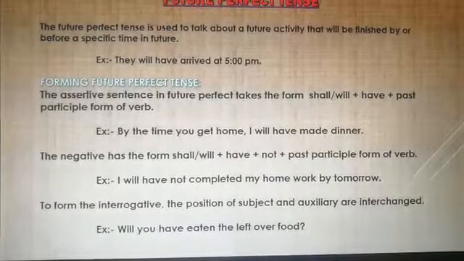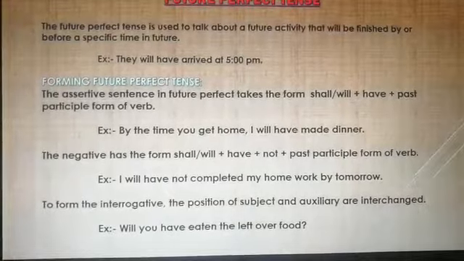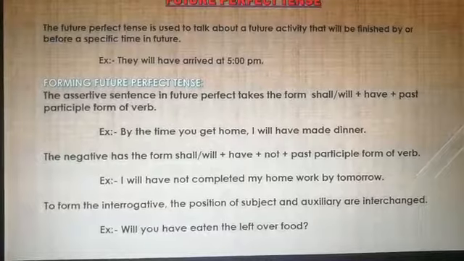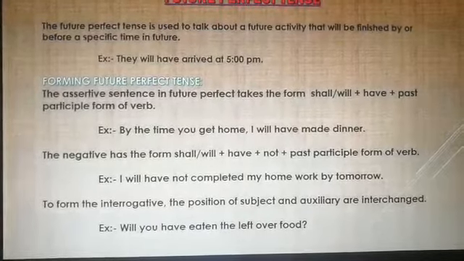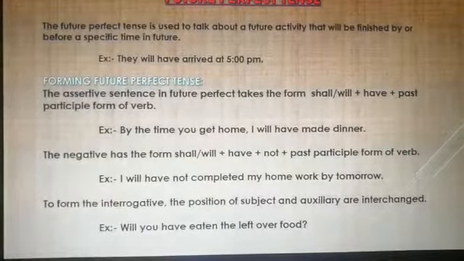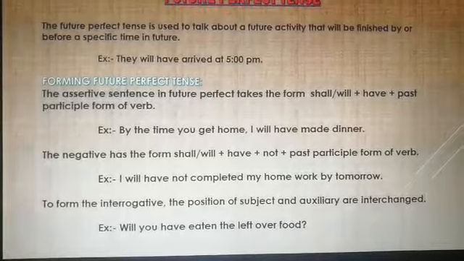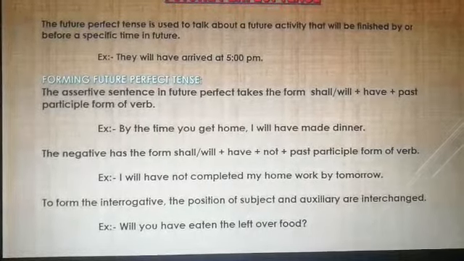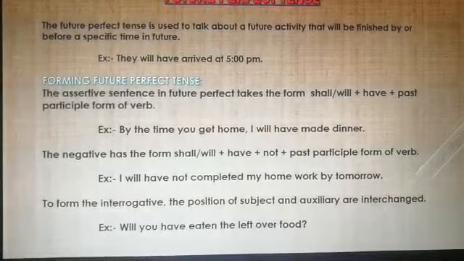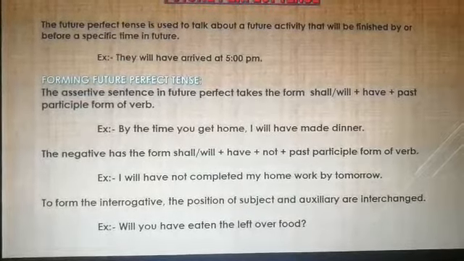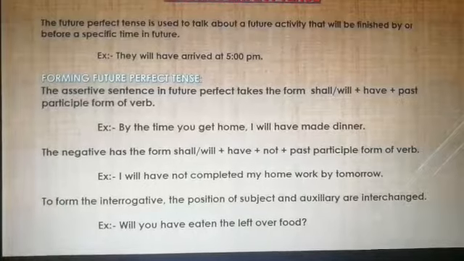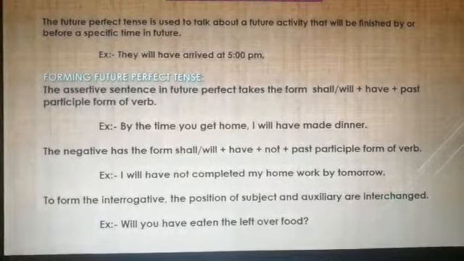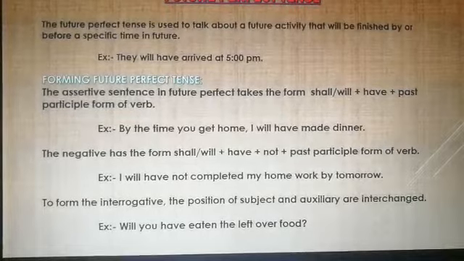It means the future perfect tense is used to talk about a future activity that will be completed at some point of time in future. It describes an event that is planned or expected to happen before the time of reference in the future. It refers to a completed action in future.